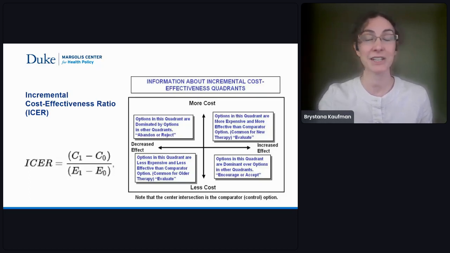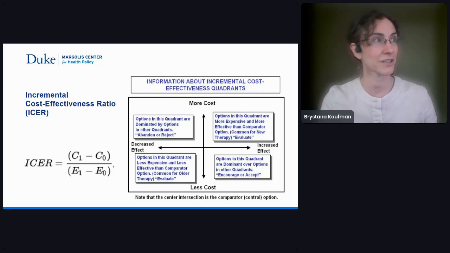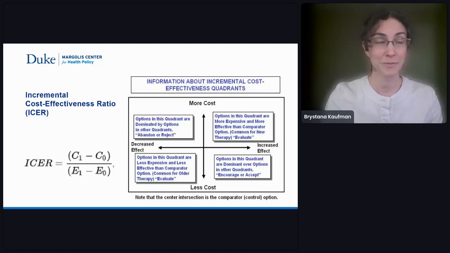When we calculate that quality adjusted life year, that is the effectiveness or the health benefit, and that's the denominator in our incremental cost effectiveness ratio. And the other important trade-off is the cost, and that's the numerator of the cost effectiveness ratio.